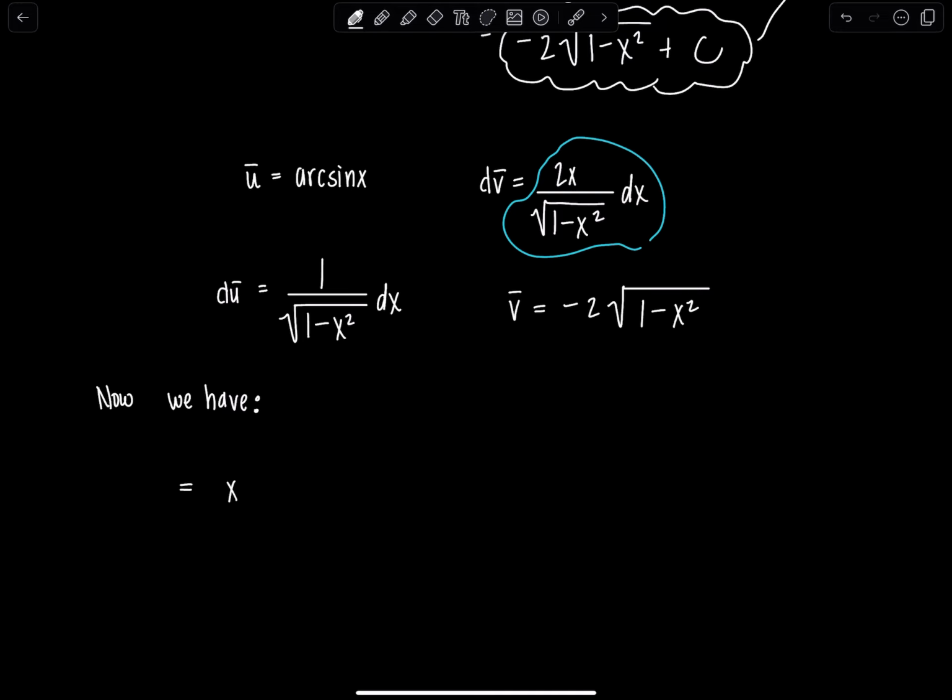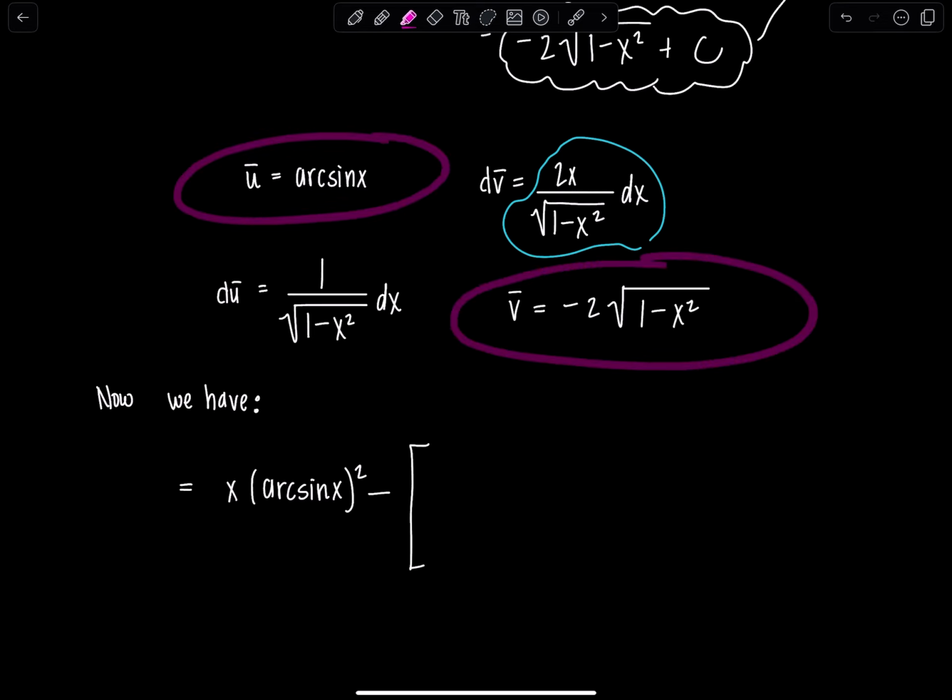Don't forget we had x times arc sine of x, minus u bar times v bar. So what's that going to be? Negative 2, I'm going to put arc sine of x in front of the radical, so there's no confusion what's underneath and what's not.